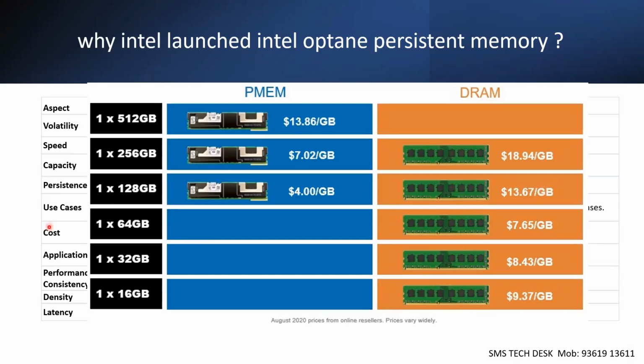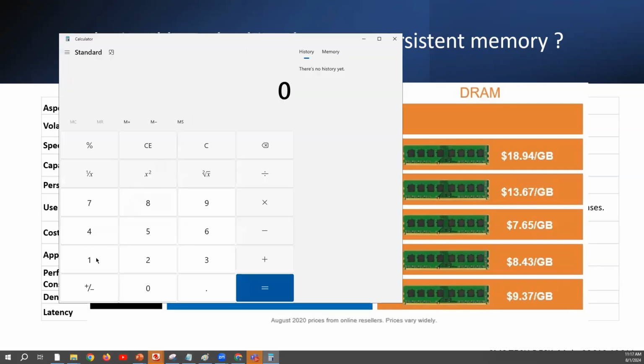So let's put it in a calculator. Here 13 into 128 equals $1,664 that you need to spend for 128 GB of RAM.